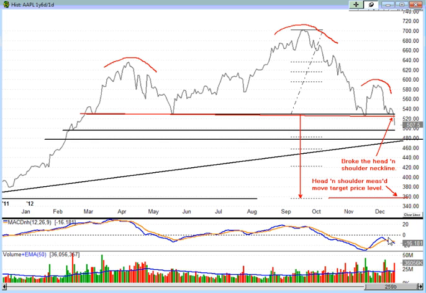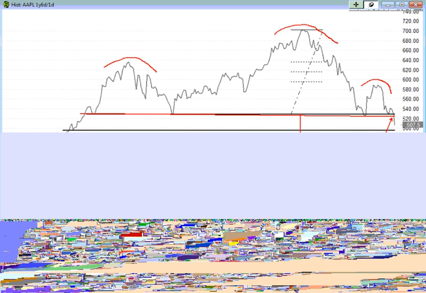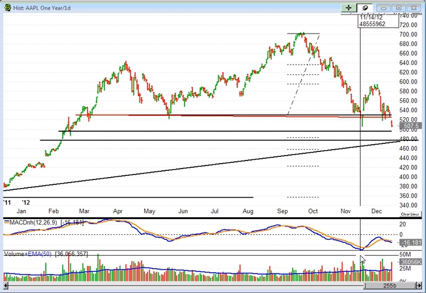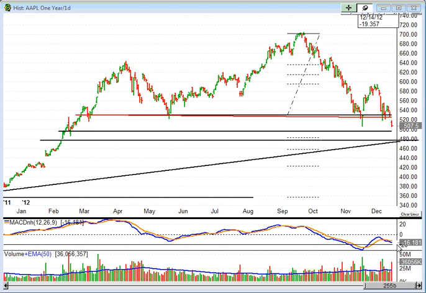If I go back to the daily chart, you can see that there is some sort of divergence forming here on the MACD.